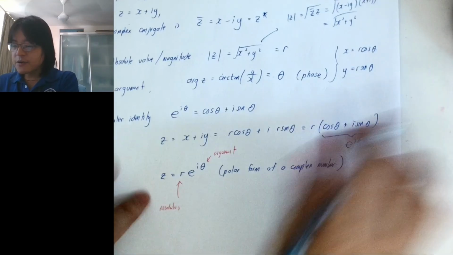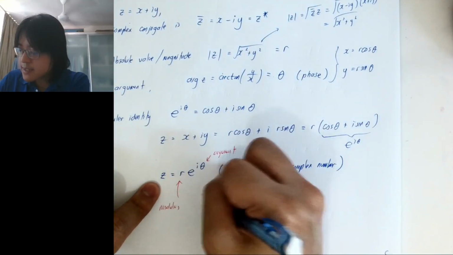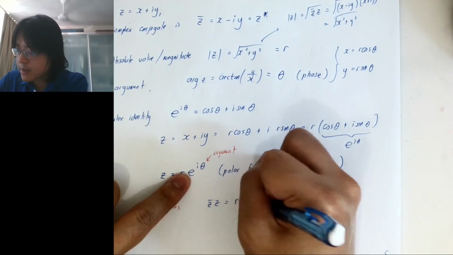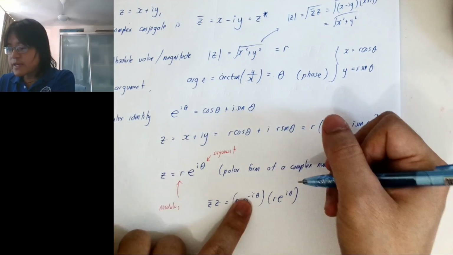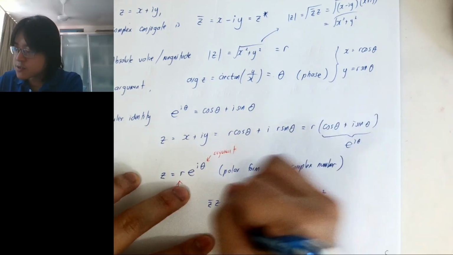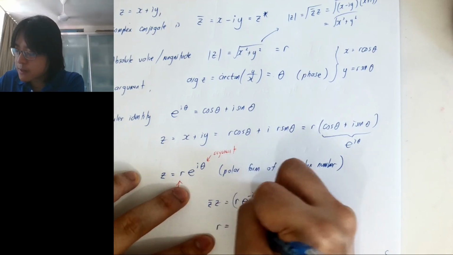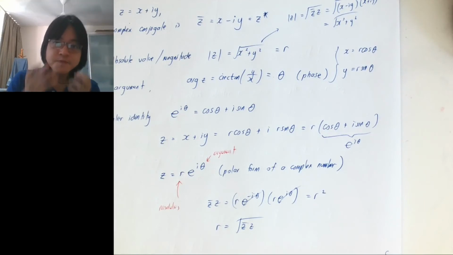And then you can calculate this again here. Z bar times z is just r e to the minus i theta times r e to the i theta. So the negative power and the positive power cancel each other, and you get r squared. So r is the square root of z bar times z. See, everything is consistent with each other, right?